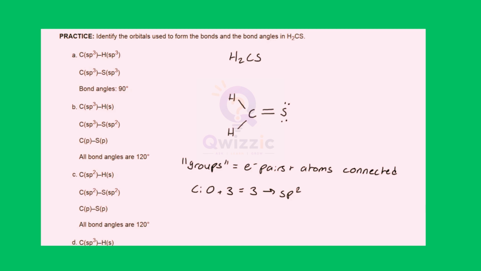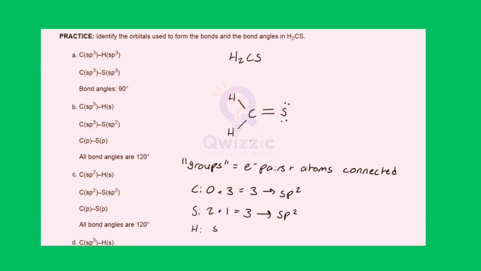Moving on to sulfur. Sulfur has 2 lone pairs of electrons and only 1 other atom directly connecting to it. That makes a total of 3 once again, which corresponds to sp2 hybridization. And hydrogen is unique in that it can only use an s orbital for bonding.